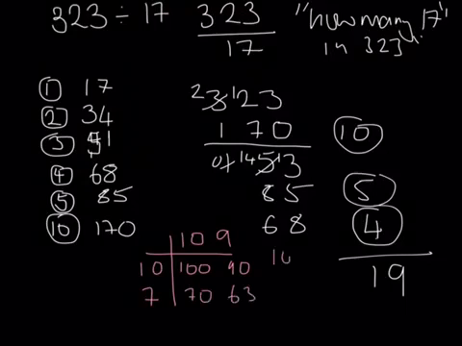Let's add them up. 100, 90, 70, 63. Add them all up. It's going to end in a 3. 9, 7, 12. Add the 1, 21. Yep, there we go. That makes 323.